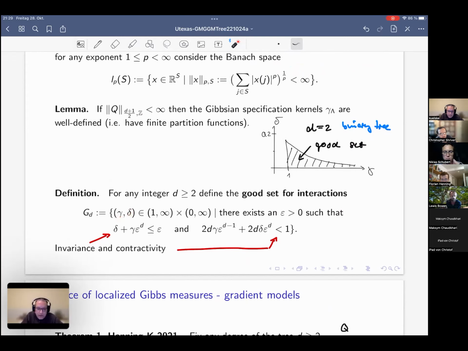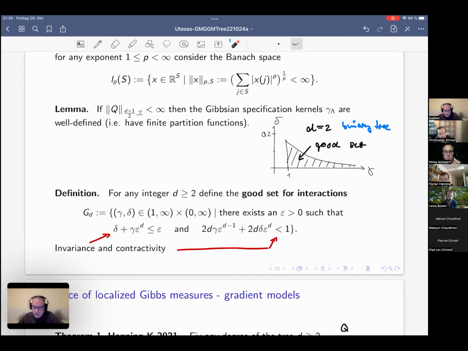We will have to substitute later certain norms, C_p norms, in this. It's defined in terms of 2 inequalities, which have to be true: there exists an epsilon bigger than 0 such that this is true and such that this is true. For instance, you can solve the inequalities explicitly and you get a picture which approximately looks like this.